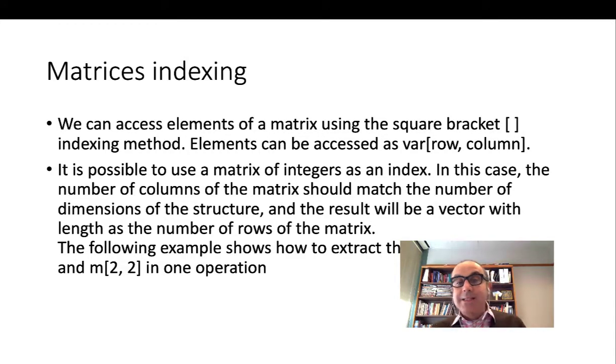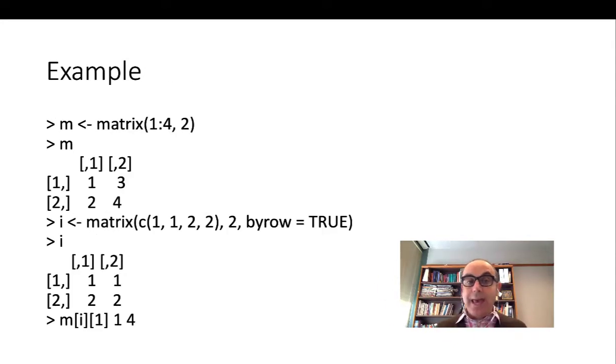In the following example, I will illustrate the elements of M, showing M[1,1] and M[2,2] in one operation. Again, M is the matrix of 1 to 4 with 2 rows. If I ask what M is, it will display a matrix of 2 columns and 2 rows, and this is the output.